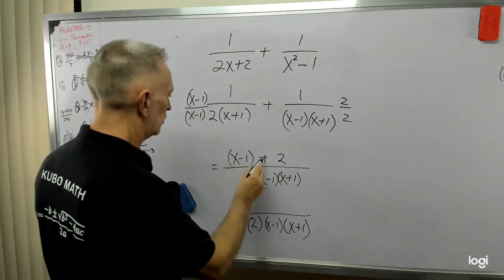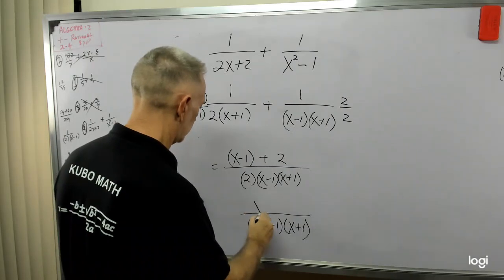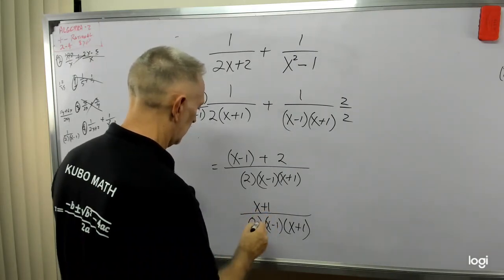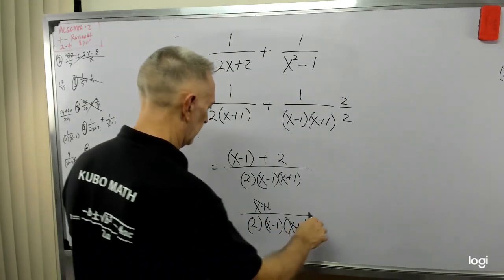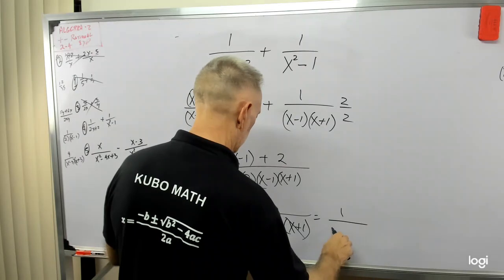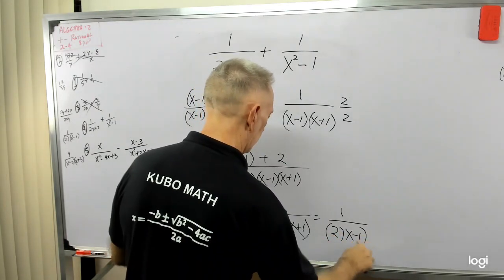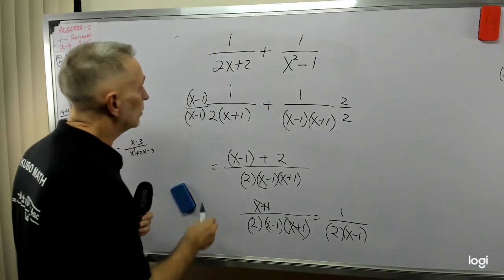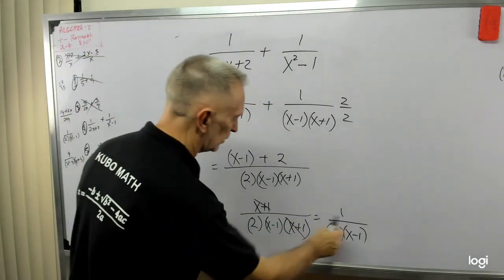So x minus 1 plus 2, so negative 1 plus 2 is a positive 1, so x plus 1. These x plus 1's cancel, and I end up with 1 over 2 times x minus 1. So we came a long way from that to 1 over 2 times x minus 1.